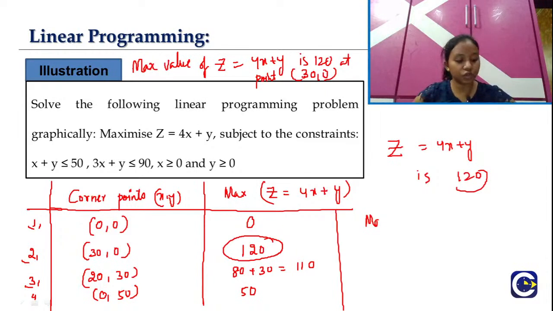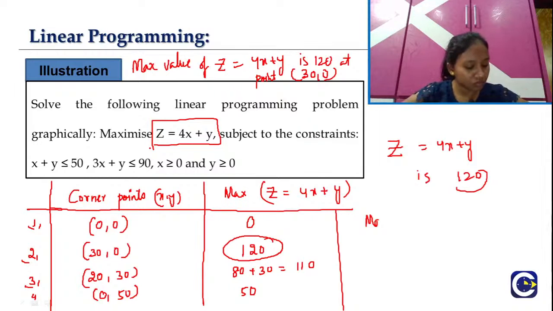So I hope many of you have already solved it. So this will be the objective function which is z = 4x + y. So can you guys check the answer? If you have any doubts, you can let me know. If not, we can just move ahead with our next question.